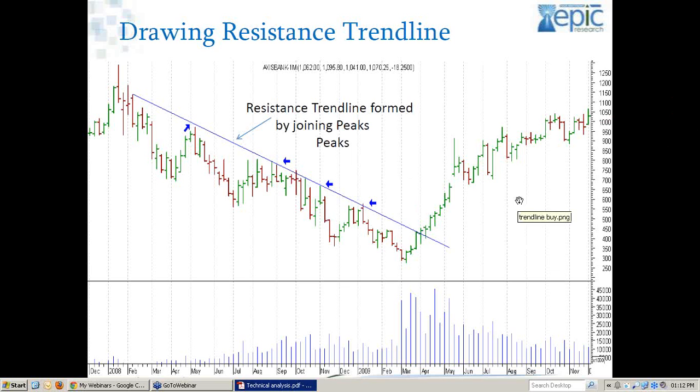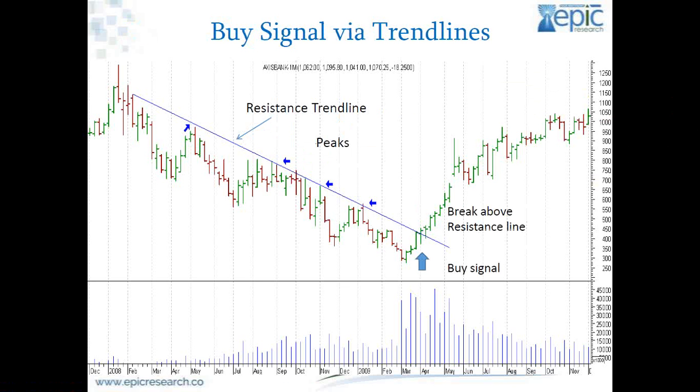Now this is a trend line. A trend line is formed by joining the peaks or the troughs of the share. Here we have joined the resistance points, or the peak points, of that particular share, and we have made a trend line.